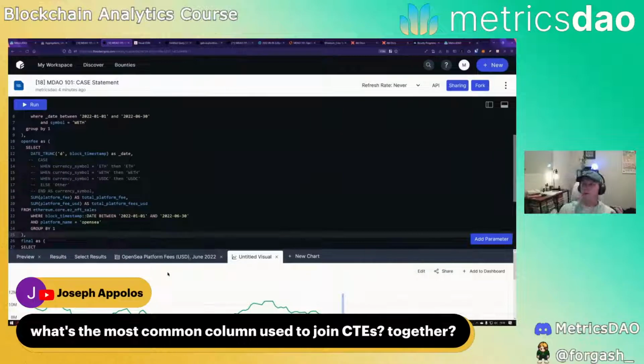But maybe you want to look at different activities by same address. So you're joining on maybe a from address or a buyer if you're looking at NFT data and you've calculated some metrics there. And then you've also looked at DEX swaps. So you have some metrics on volume for a couple different addresses.